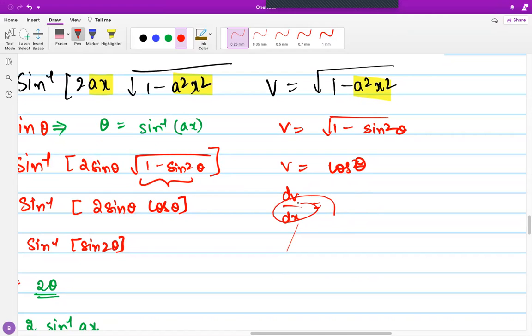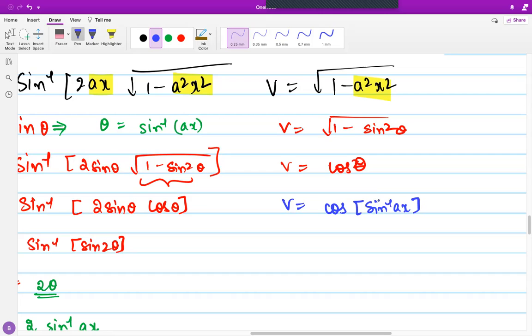Theta we have, right? First, what is theta? v is equal to cos of theta, and theta is equal to sine inverse of ax. Since it is an inverse, what can be done?